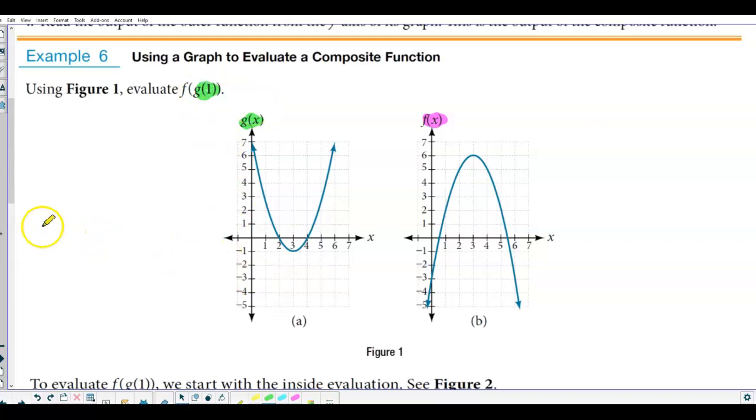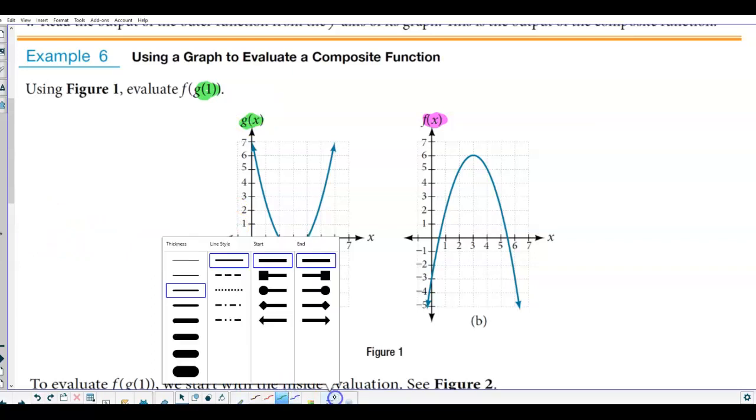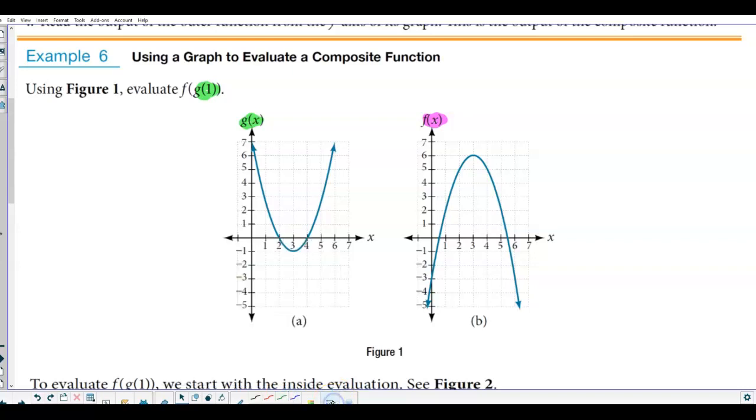In order to evaluate g of 1, we need to figure out on the x-axis where x is 1. So this is g of 1. Now if we go up to the graph, this gives us an ordered pair of 1 and 3.